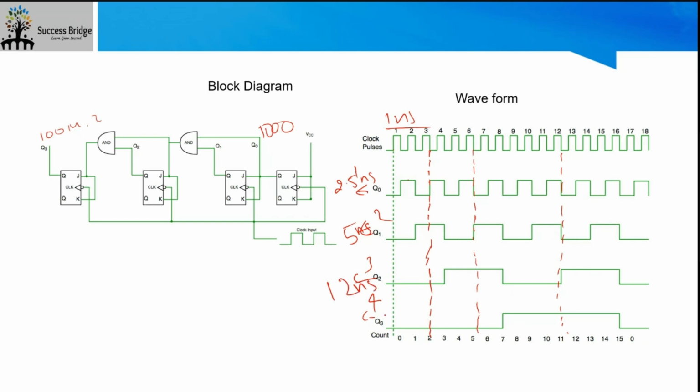This is far beyond. Take it as 24 nanoseconds or so. 2.5 nanoseconds is 500 MHz, and we are getting 100 megahertz and even less. This is going beyond, let's say, to around 25 megahertz.